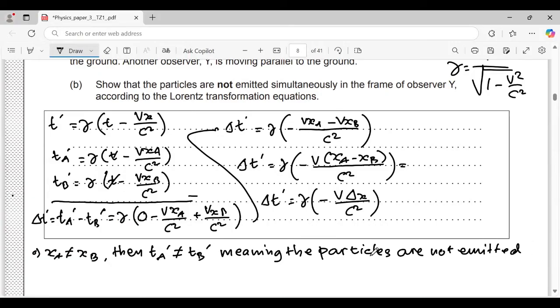So the particles are not emitted simultaneously in the frame of Y. Okay, in the frame of Y.